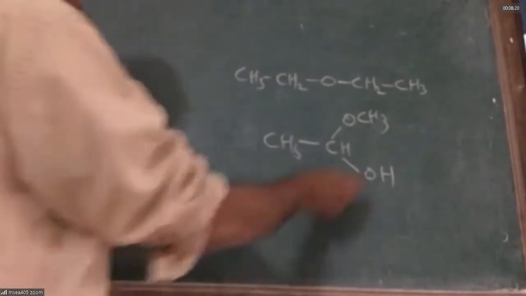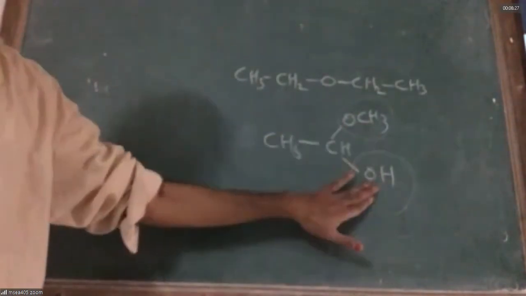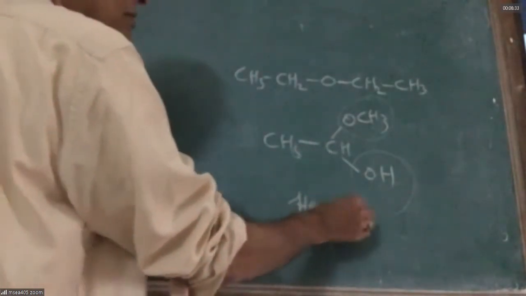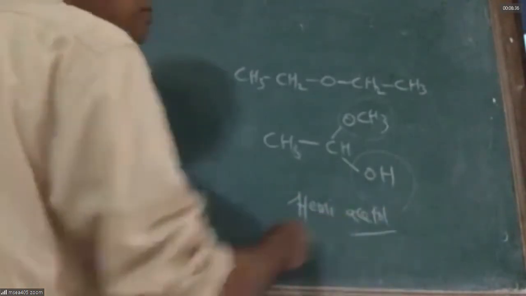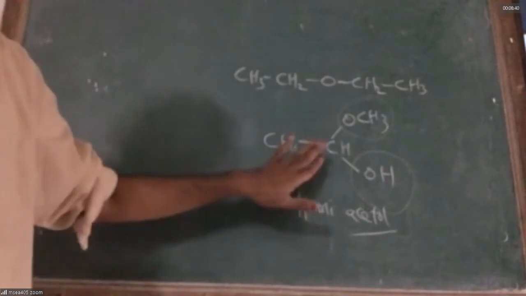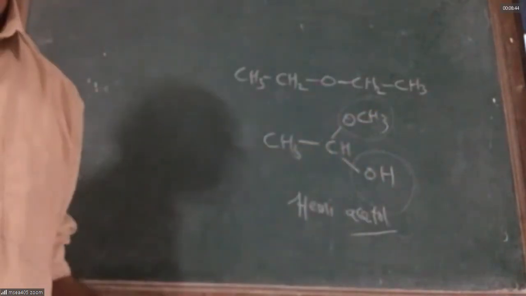It has an ethyl group, an alkoxy group, and also an alcohol group. If a compound has both alkoxy and alcohol groups on the same carbon, it is called a hemiacetal. All this is for mains, advanced mainly. Sir, a compound which has both OR and OH linked to the same carbon is usually called what, sir?